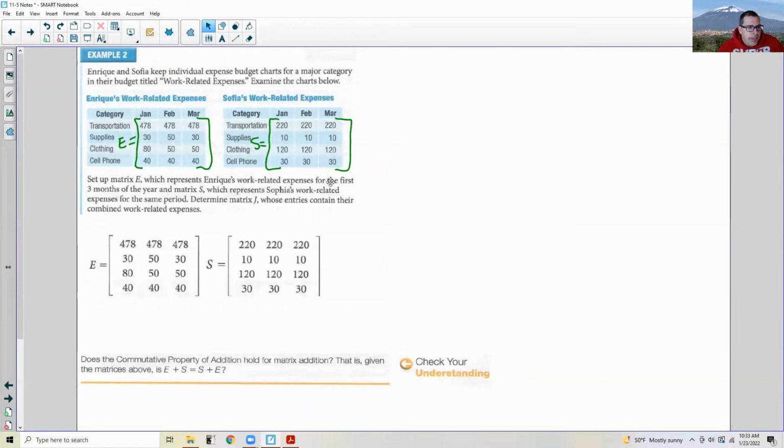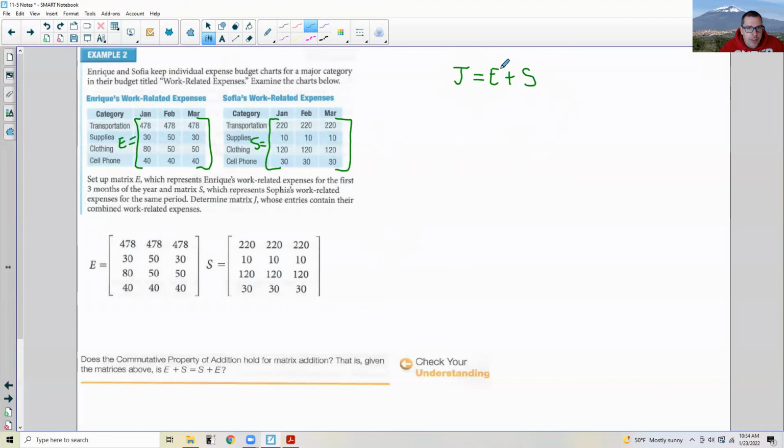Okay. Now it says determine matrix J, whose entries contain their combined work-related expenses. This is called matrix addition. So when I work with my students, I always tell them, write a formula. So we want matrix J, and that is going to equal matrix E, Enrique, added to Sophia's expenses. So here is the equation.